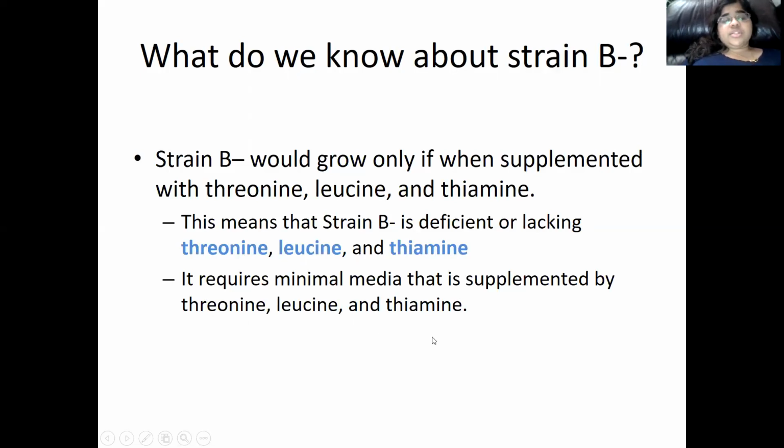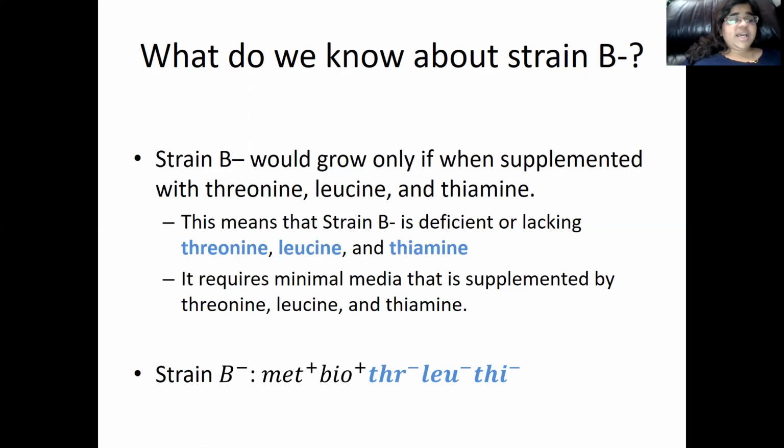So with that, you can designate strain B as met positive, bio positive, threonine negative, leucine negative, thymine negative.